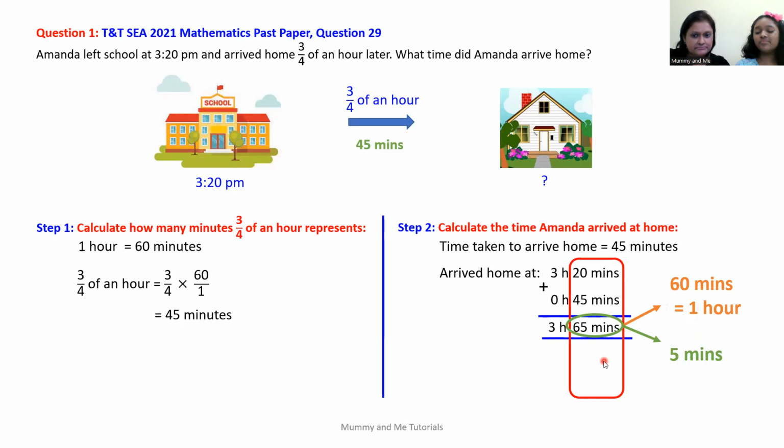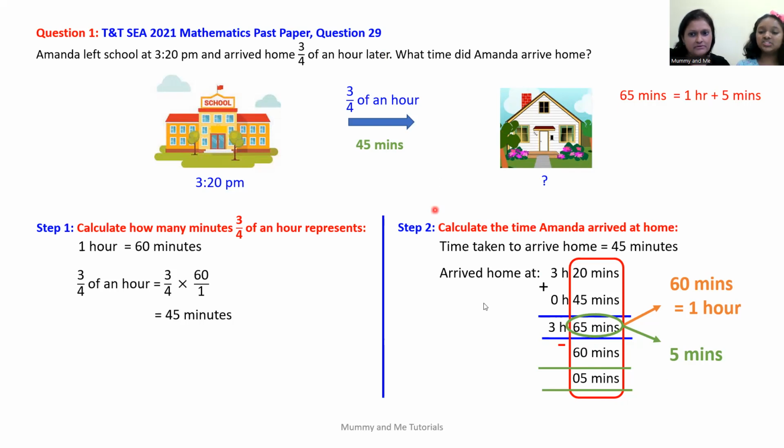Well, from the 65 minutes, we need to subtract 60 minutes or 1 hour. So when we subtract 60 minutes, we're subtracting 1 hour. Yes. And what do we get? 5 minus 0 is 5 and 6 minus 6 is 0. So we get 5 minutes.